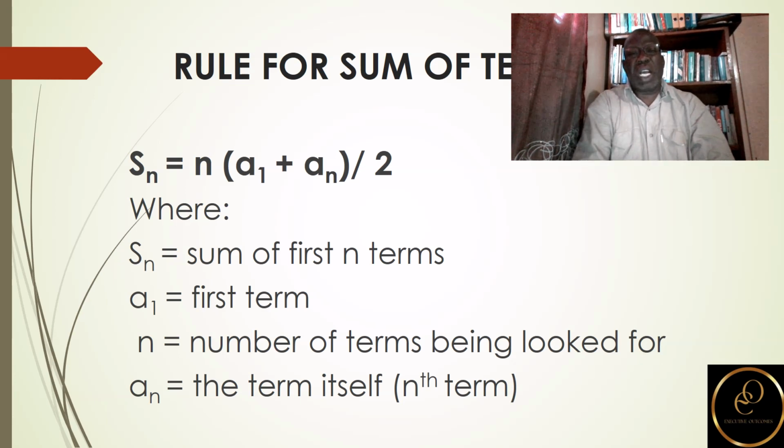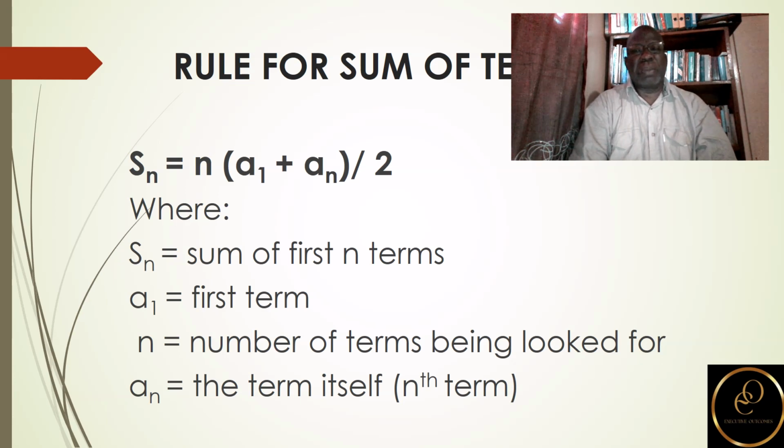So we also have another rule which has to do with the arithmetic progression. We have just looked at the nth term rule. Now we are going to look at the rule of sum of terms.